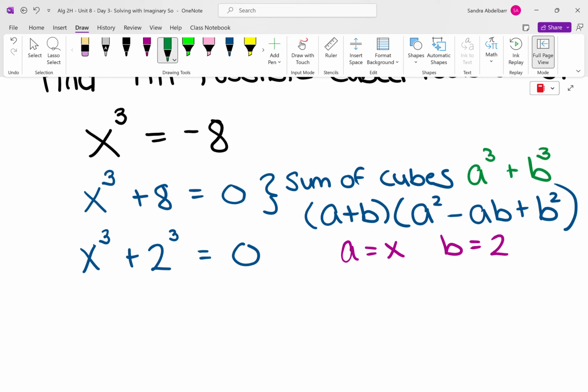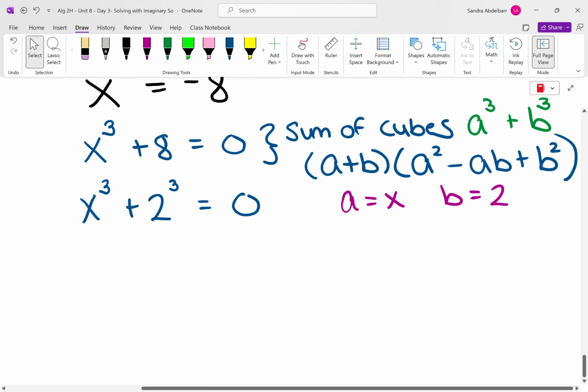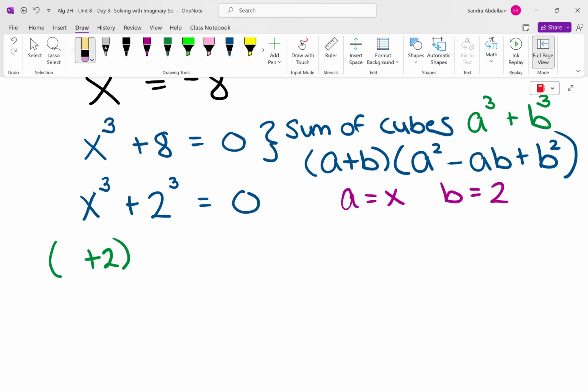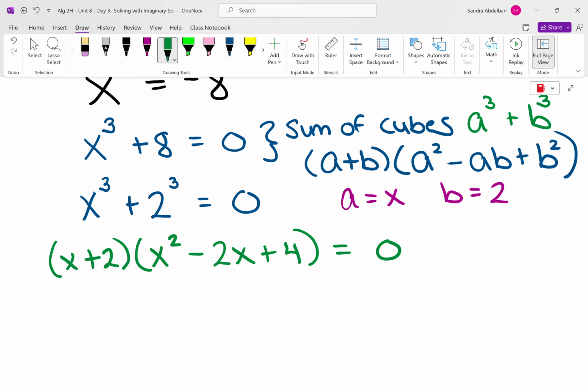Sum of cubes is a cubed plus b cubed. There we go. That's our sum of cubes. Okay, so let's factor. So we're going to have an a plus b, so x plus 2 times a squared, which is x squared, minus ab, so minus 2x, plus b squared, so plus 4, equals 0.